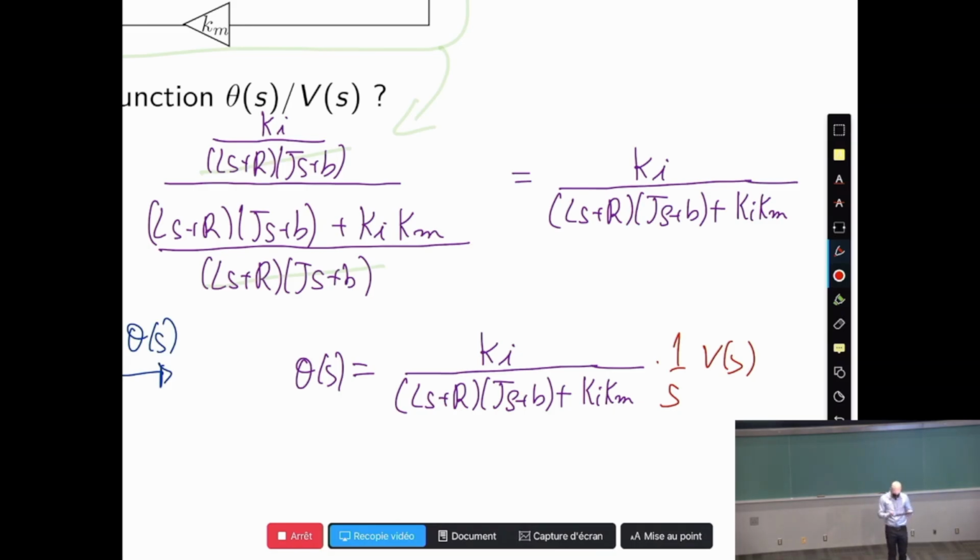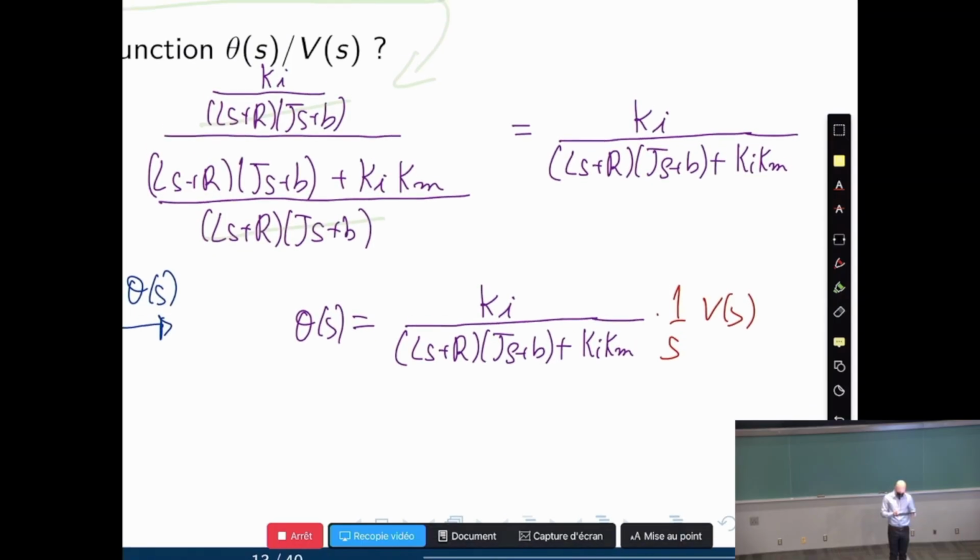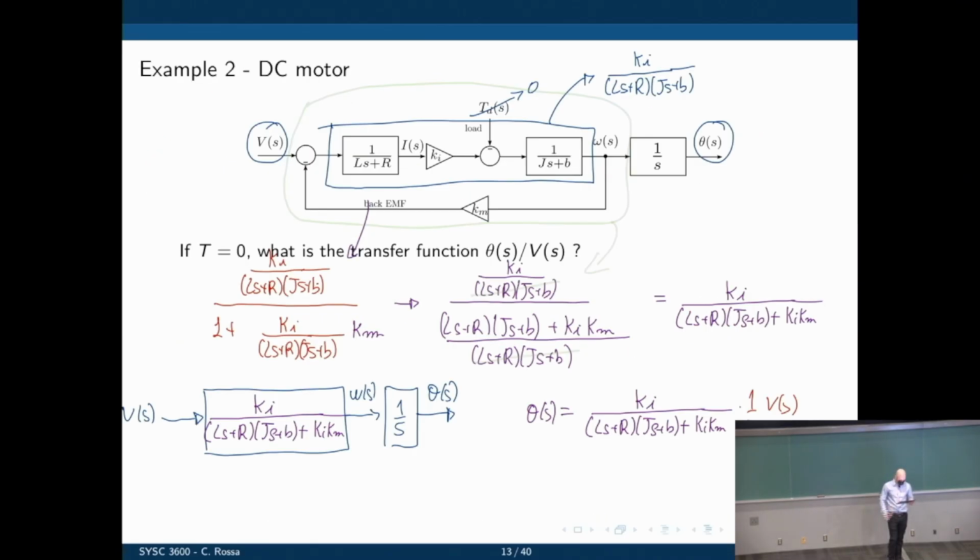All right, now the transfer function is simply obtained by dividing both sides of the equation by V of s. Yeah? Any questions? No?